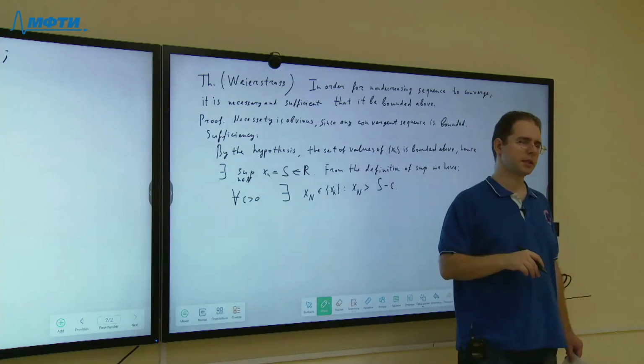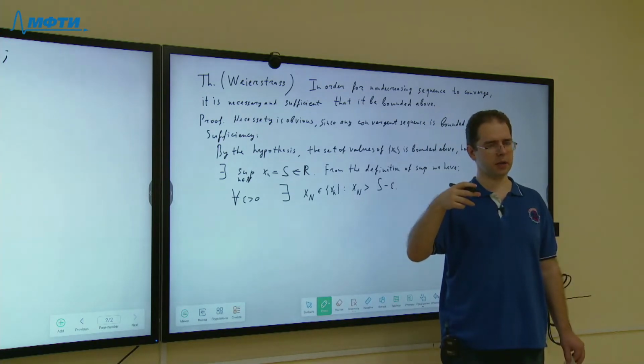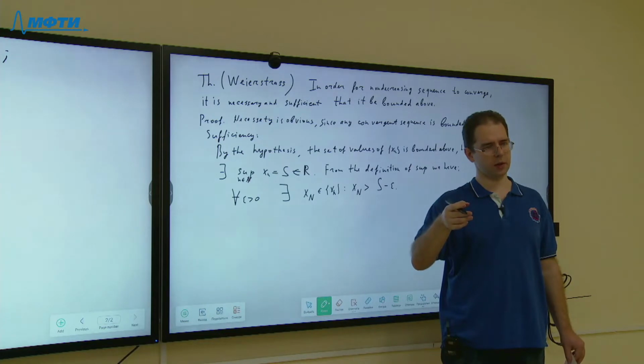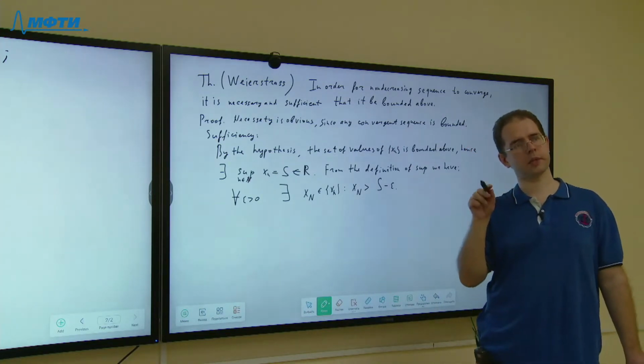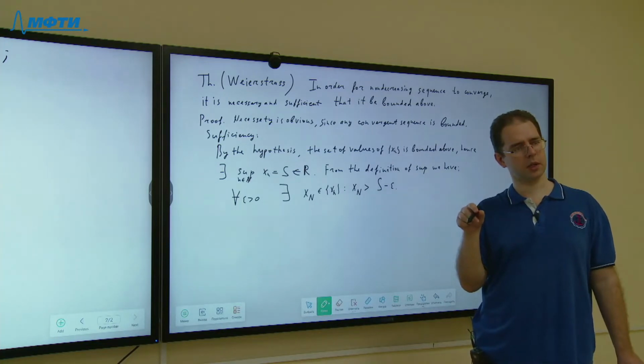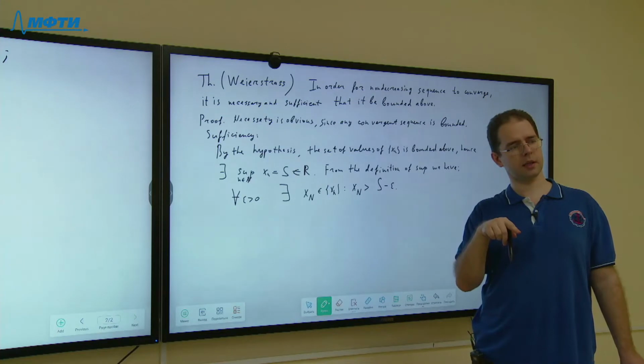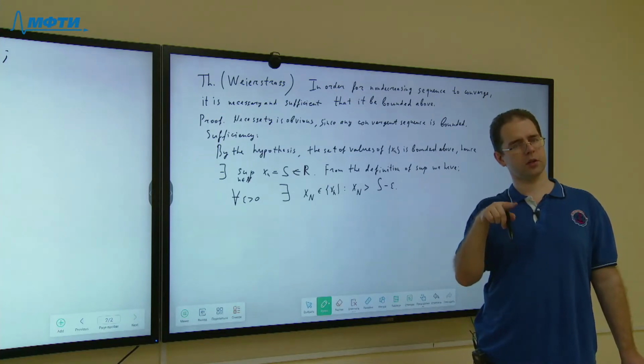So this is the first part of the definition of supremum. If you remember, it says that for any number smaller than the supremum, there exists an element of our set that is greater than that number.